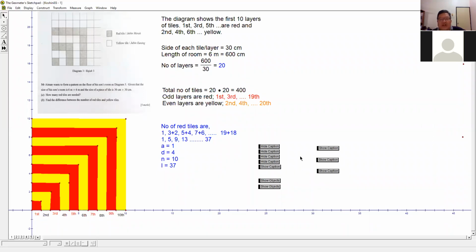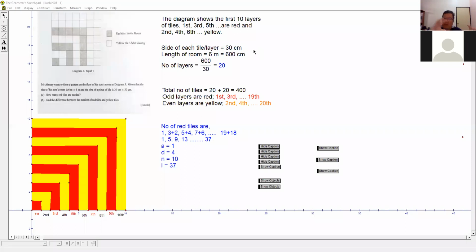Okay, so Shamimi says why 20 by 20? Now you look at the length of the room. The length of the room is 600 centimeters, and each tile is 30 centimeters. So I take this 600 centimeter, I divide into 30, 30, 30, 30.